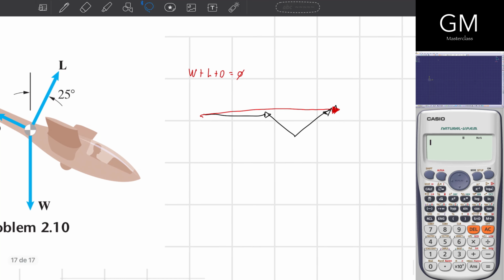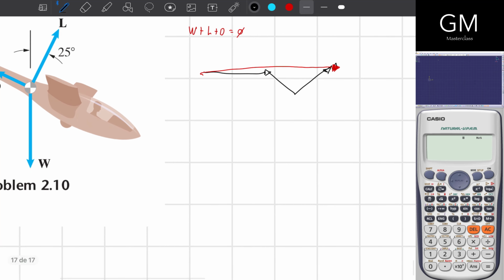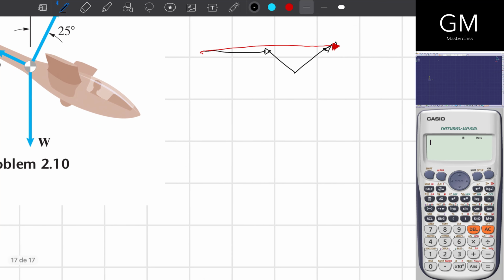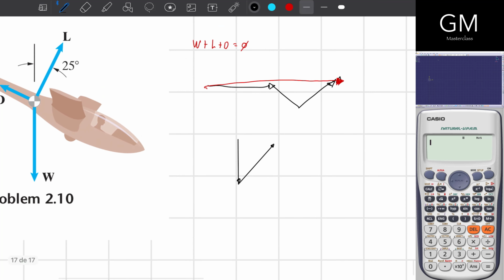Now that I've made that clear, I have something like this in this case. This looks more like this. As you can see right here, I have W, the lift, and the drag.